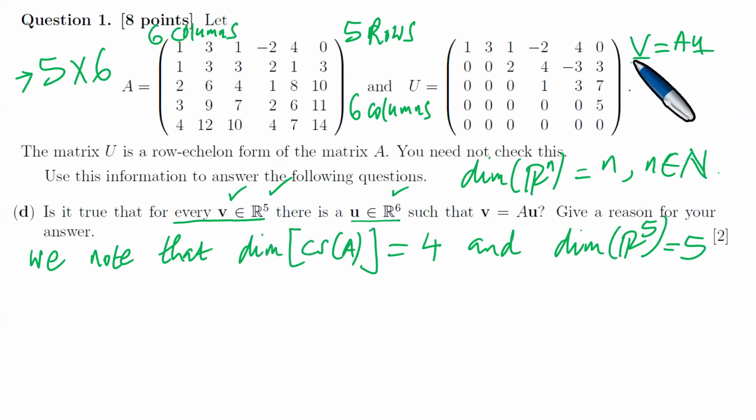So in other words, this V itself is going to be in R5, it's going to be A1, A2, A3, A4, A5. We can write it like this. So this is V.